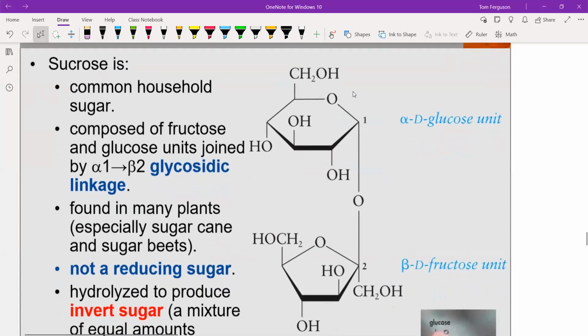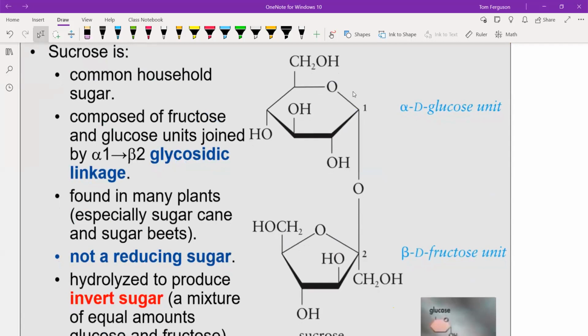Now let's talk about the third disaccharide you need to know, and that is sucrose. Now the question is, it says here it's not a reducing sugar. That means there's no hemiacetal present. Okay, so we have OCO up here. So that is yes for number 1. Number 2, there's no OH, and there's an H here.